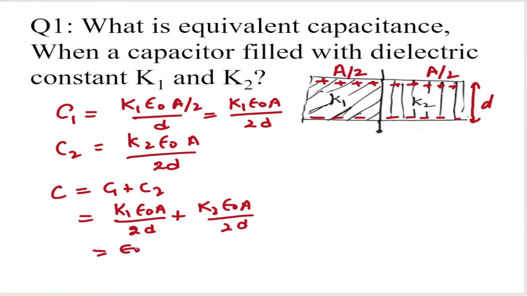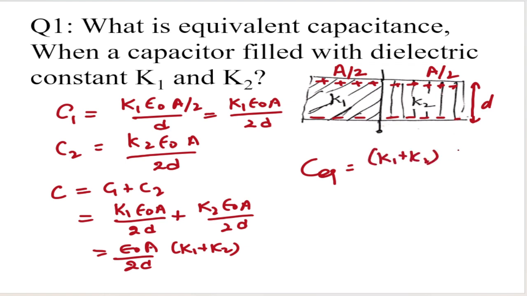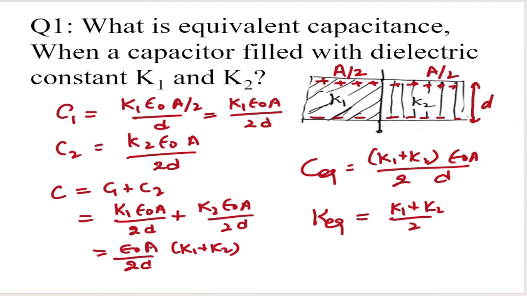Now epsilon naught A upon 2D common, so bracket में term आ गई K1 plus K2. So the equivalent capacitance हो गया K1 plus K2 epsilon naught A upon 2D. And the equivalent dielectric constant will be equal to K1 plus K2 upon 2.